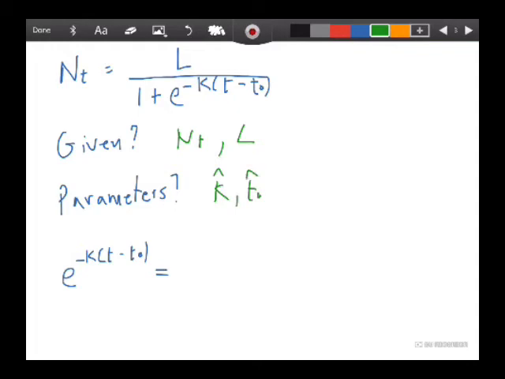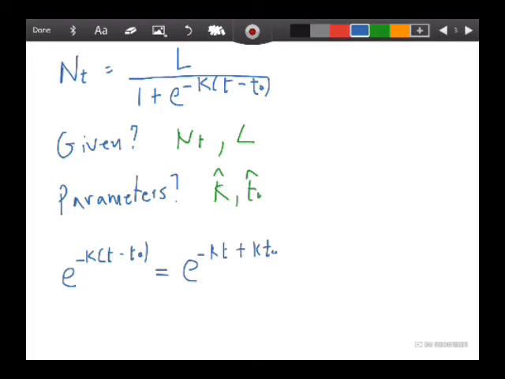Now, we can look at this part of the denominator, e to the negative k times (t minus t0), and think of it in a slightly different way. We can separate this into pieces: e to the negative k times t, plus k times t0.